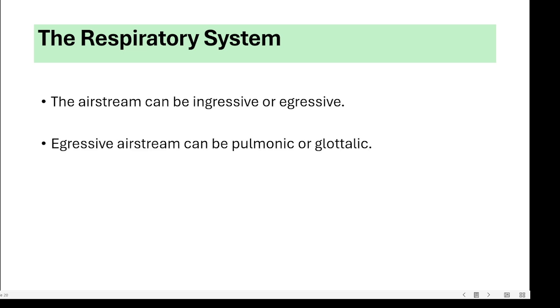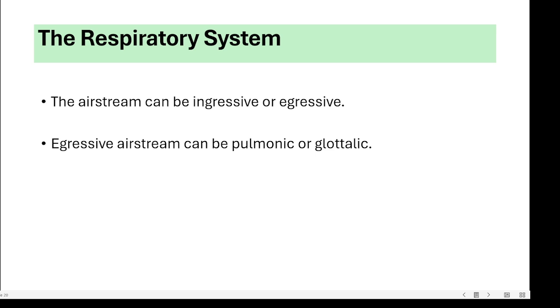This airstream that we have just mentioned can be ingressive or egressive. Ingressive is the one that comes into our bodies, and egressive the one that goes out of our bodies. At the same time, egressive airstream can be pulmonic or glottalic.